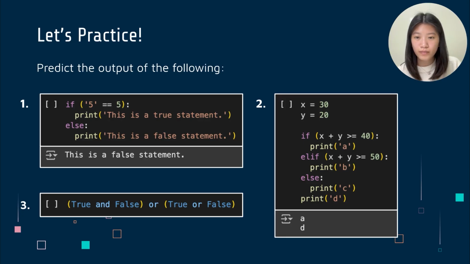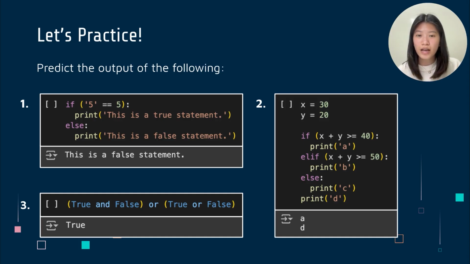In the third example, the answer is going to be true, and this is because we evaluate using the same rules as PEMDAS. So first, we're going to do the things inside the parentheses, and then we move beyond that. So in the first parentheses, we have true and false. And for the AND logical operator, both the conditions must be true. And since this is not the case, that means the first conditional is going to be false.